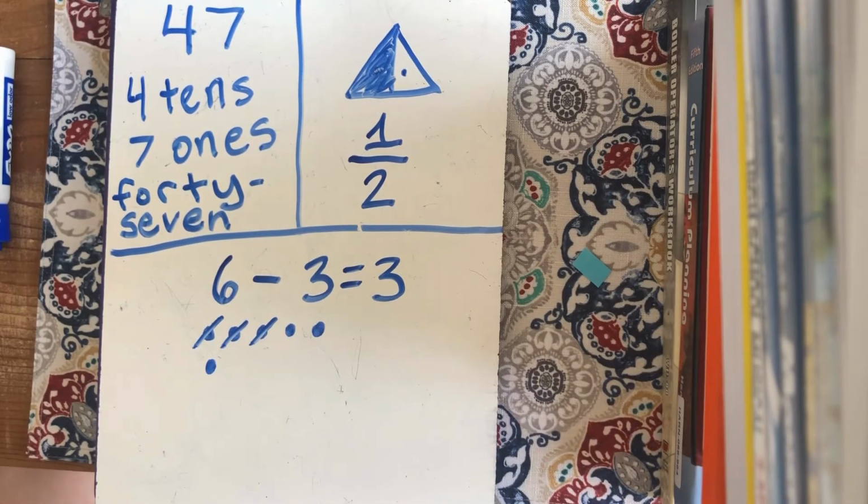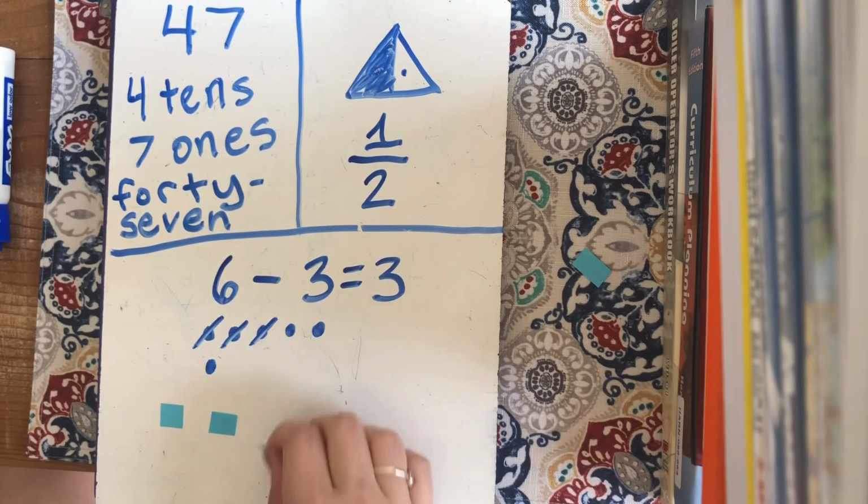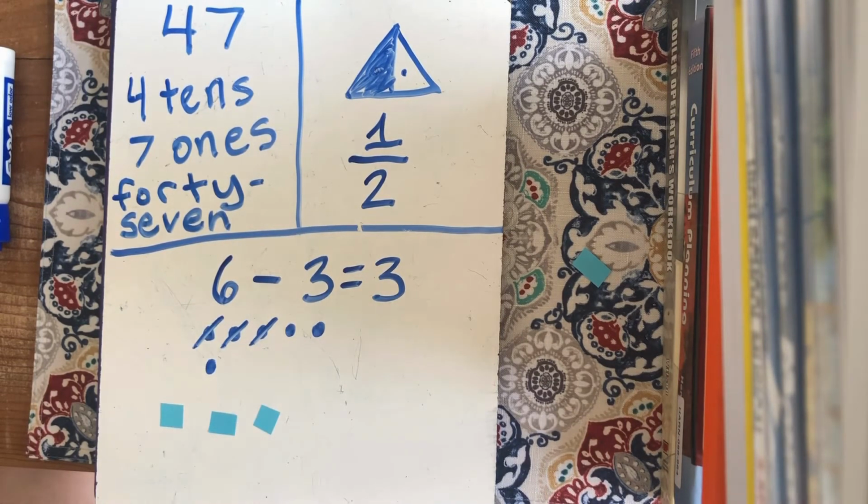Here's how you can do that with manipulatives. I've got my manipulatives right here. So how many will we need? If you said 6, that is correct. Okay, so take this moment if you need and get 6 manipulatives out so you can help subtract.